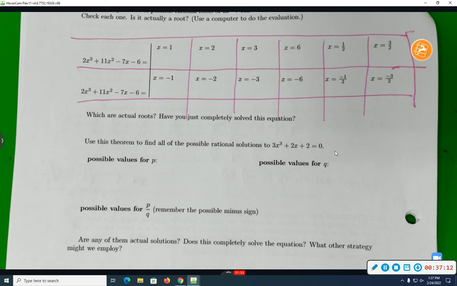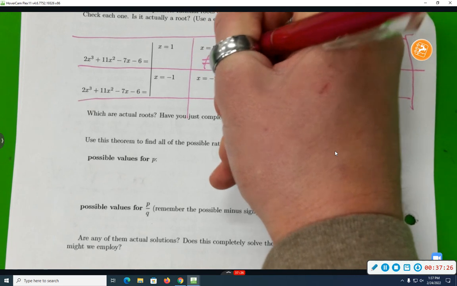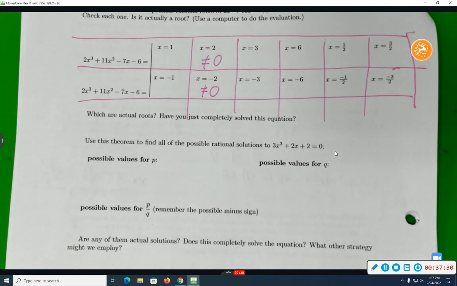Especially if you compare it with someone next to you and you get something the same, then that means you're probably right. Yeah. Sorry. Plugging plus or minus 2 gives 0. I guess that's all we care about, so maybe I won't write down what they are, I'll just write not equal to 0.